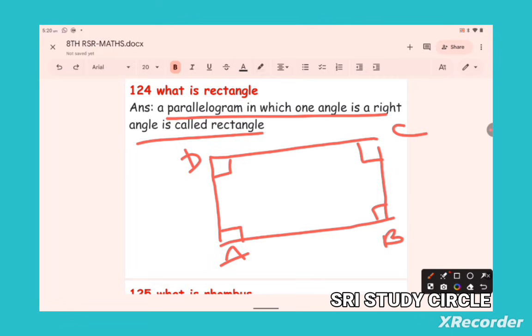Opposite sides are parallel, the lengths of the opposite sides are equal, opposite angles are equal, but each angle is 90 degrees. So a rectangle means a parallelogram which contains at least one angle of 90 degrees.